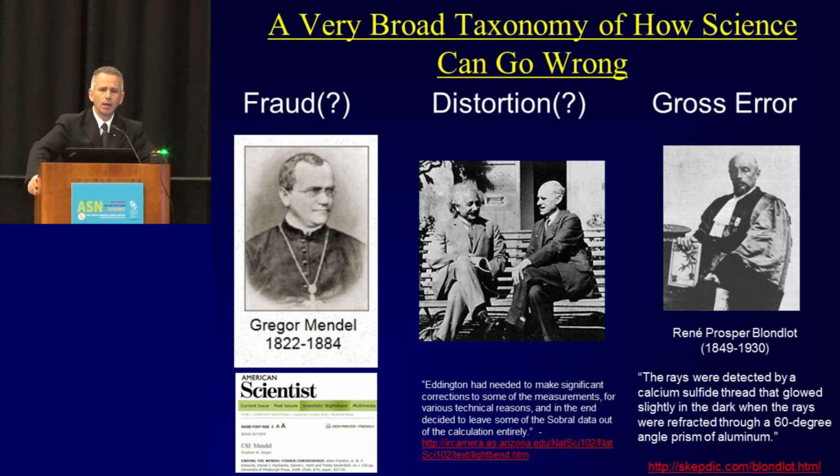Robert Wood from Hopkins was a physicist and a little bit of a trickster, and was skeptical of this. He flew over to France and stopped in to see Professor Blondlot. The way these rays were demonstrated is that they were detected by a calcium sulfide thread that glowed slightly in the dark when the rays were refracted through a 60-degree prism of aluminum.